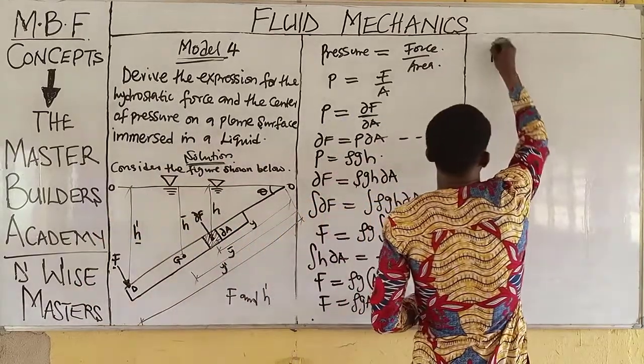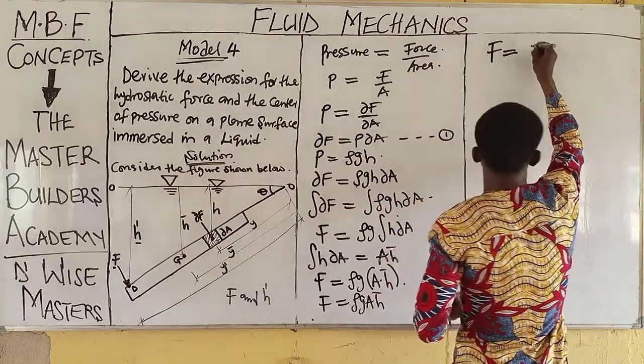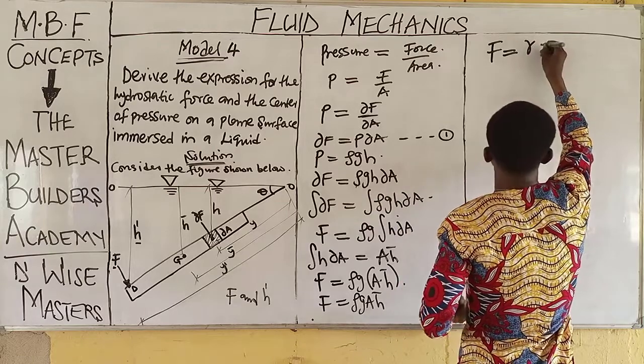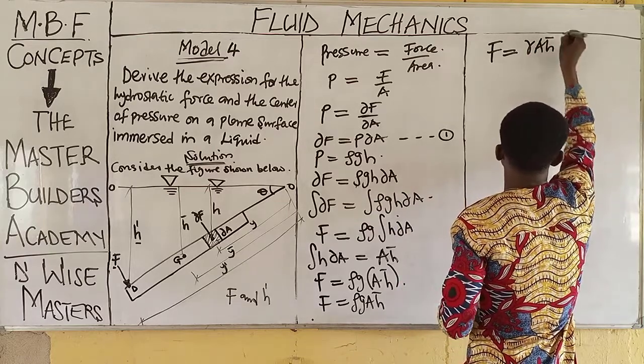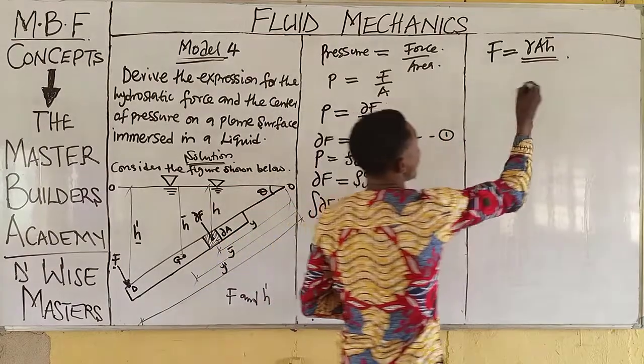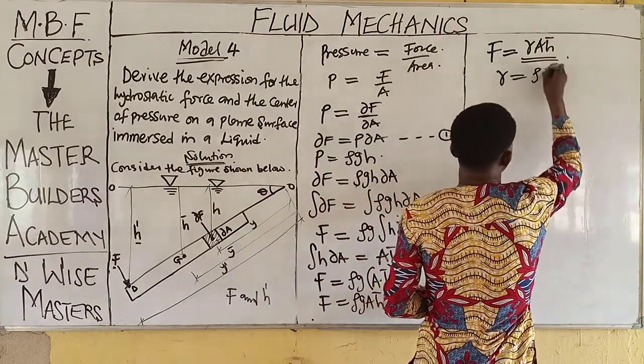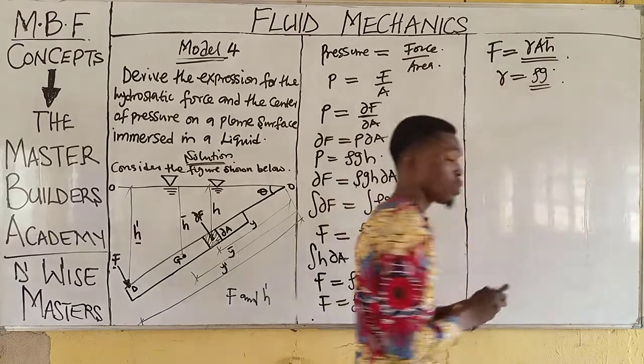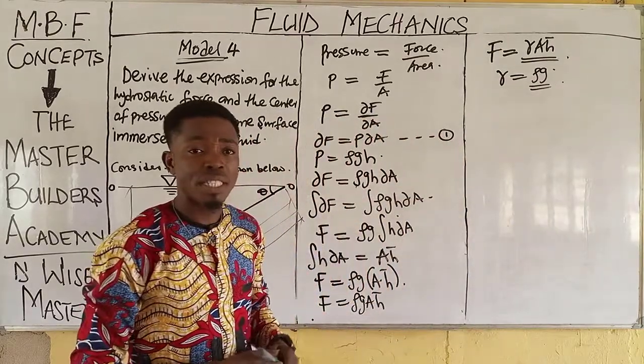Then F is the same thing as specific gravity times A h bar. This is the hydrostatic force, where rho g is density times acceleration due to gravity.